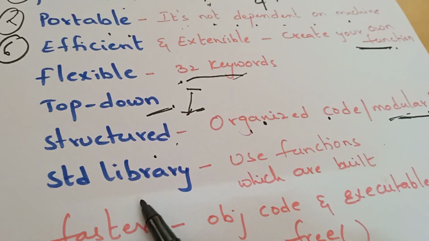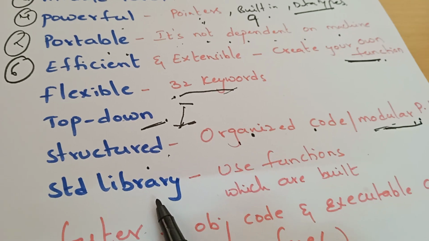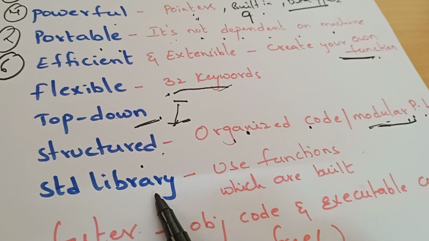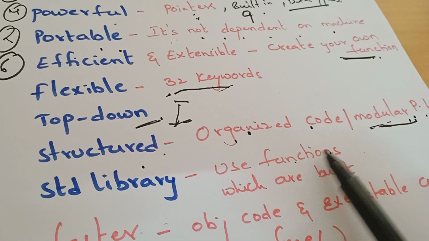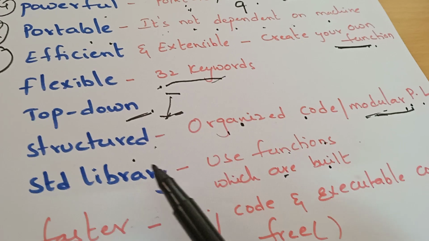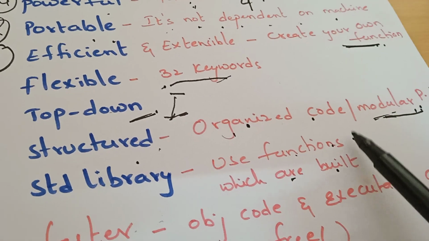And the best advantage and the best feature of C is the standard library. There is a library where we get all predefined, built-in functions, so we can just use them. We have a standard library, and this library has several functions we can just use.